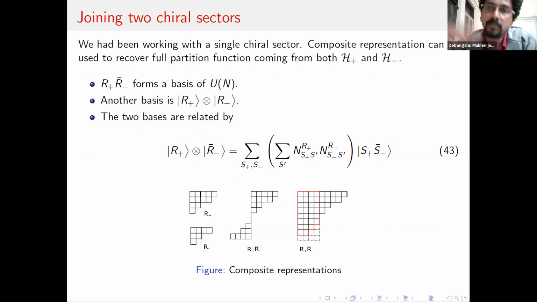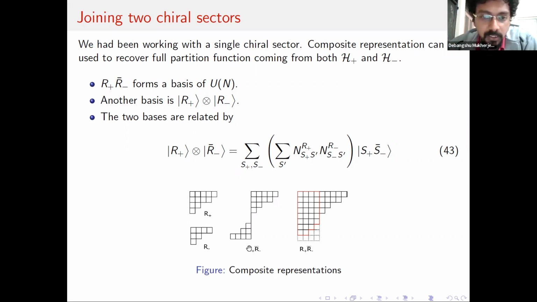This requires something called composite representations, which I am referring to here by R plus, R bar minus. So what exactly are composite representations? Here you see in this picture, R plus is a typical Young diagram corresponding to a representation. R minus is a typical Young diagram corresponding to a particular representation coming from the lower Fermi surface.